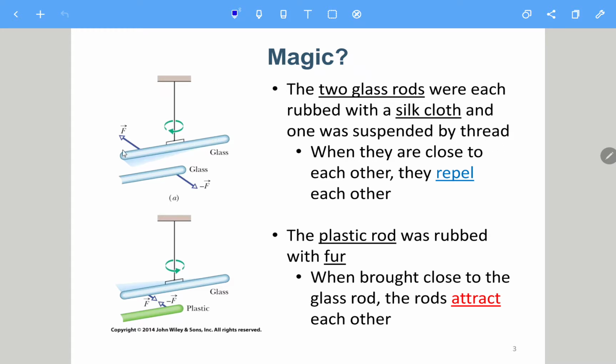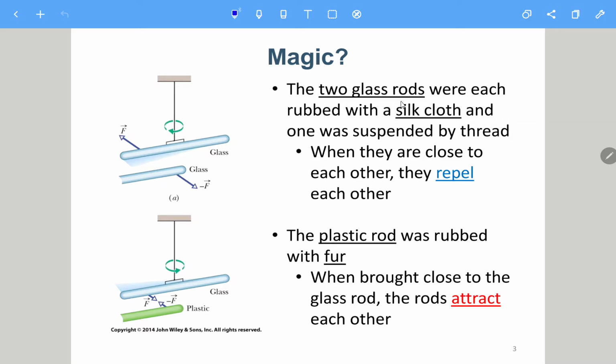So you have 2 glass rods. One is here, one is here. And then one of them is hanging here, so this is a string. Then this glass rod is free to rotate.